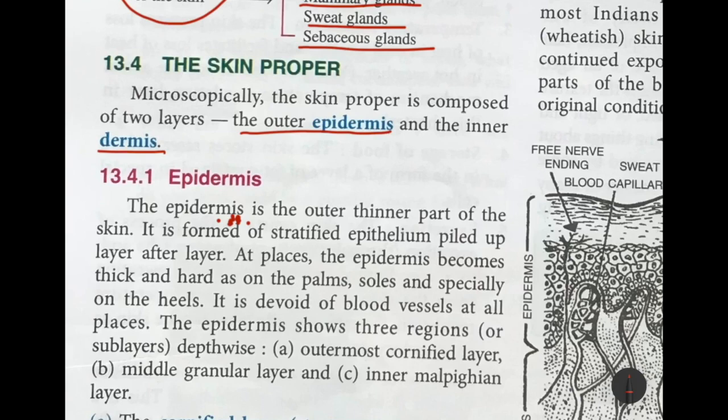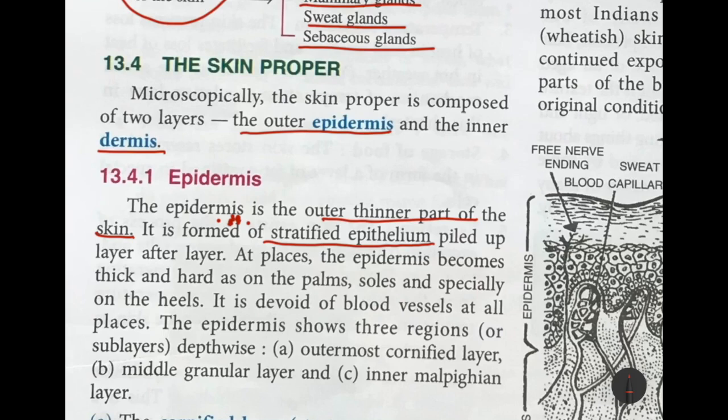Now, the epidermis is the outer, thinner part of the skin. It is made up of stratified epithelium cells. Stratified means piled. In the tissue chapter we discussed stratified epithelium, if you remember.